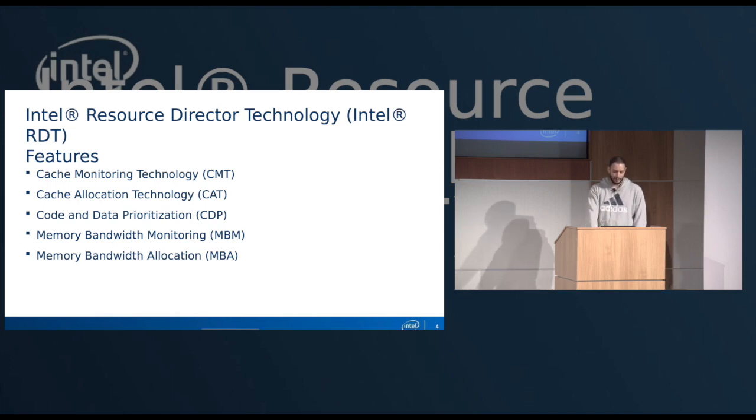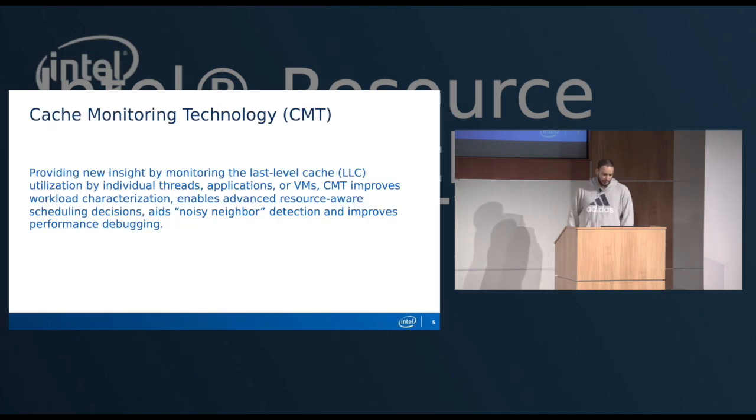Also, you have memory bandwidth monitoring, so you can monitor in real time, and then also memory bandwidth allocation. Cache monitoring technology, CMT, can be used to monitor noisy neighbors, and it's up to you if you want to mitigate the noisy neighbors as well.